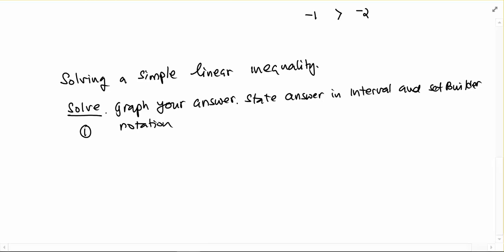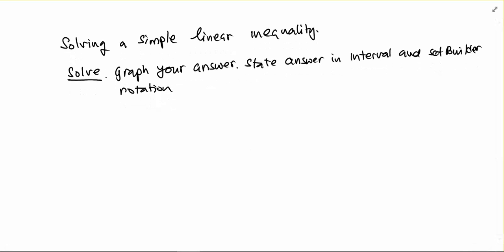So we'll do all things. We'll solve, we'll graph, interval, and set builder. So here is your simple inequality: 2x plus 1 greater than 4.